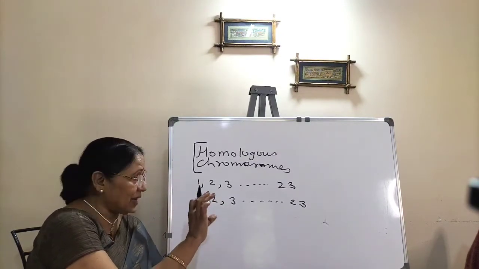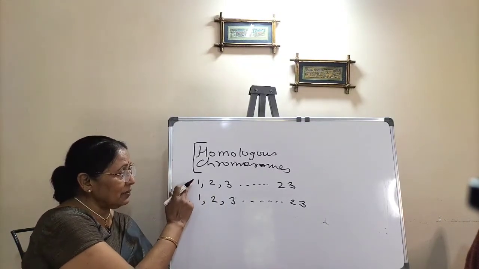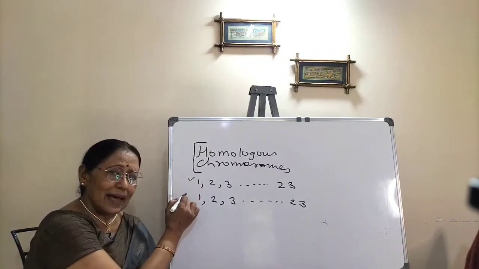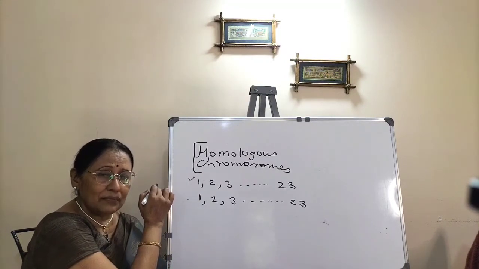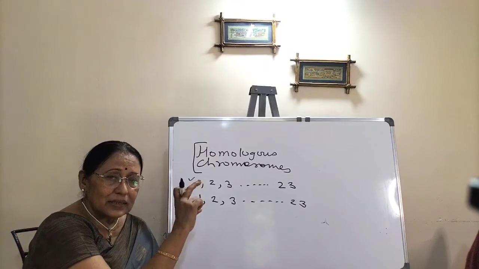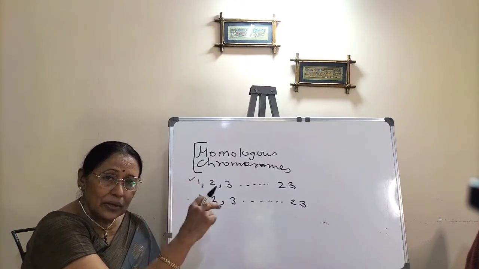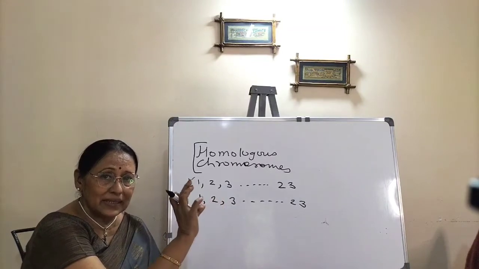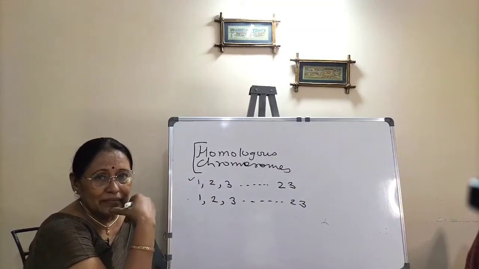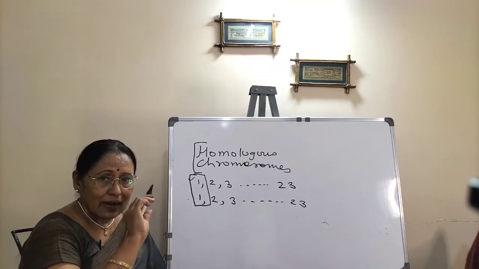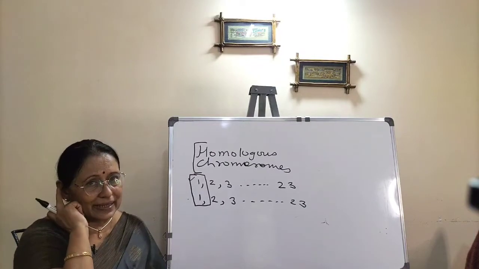To see the karyotype, at that time they were numbered. Chromosome number 1, paternal 1, is exactly similar to the maternal chromosome number 1, not only in size, not only in the position of centromere, but in the different genes which they have. Paternal chromosome 1 and maternal chromosome 1 are homologous to each other.